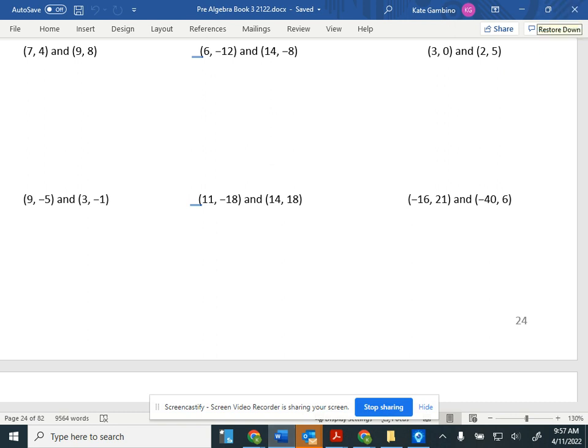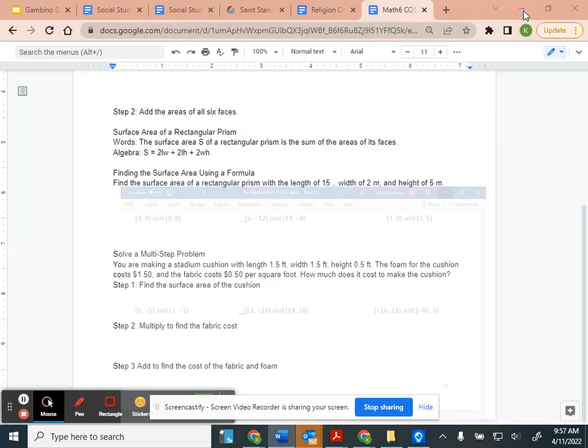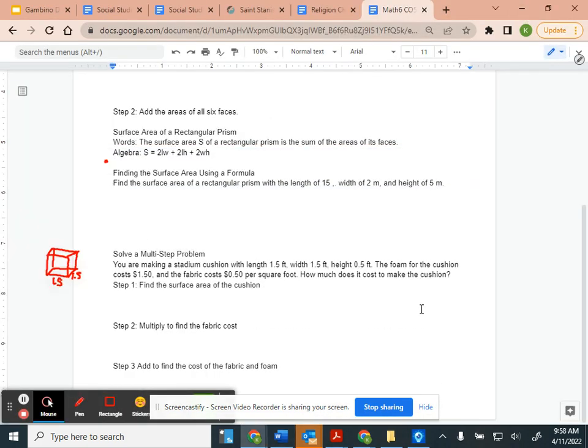I want to make it a whole lot flatter. So it's a flat cushion. The height is only 1/2 foot. So it's 6 inches. So it's 1/2 foot.